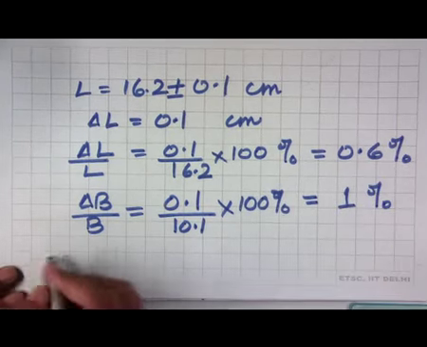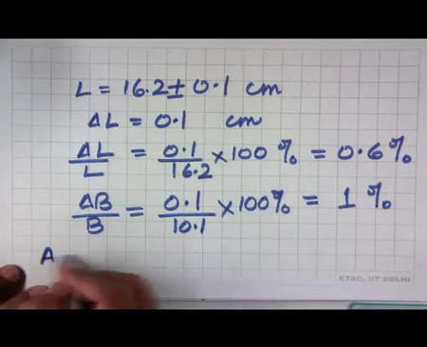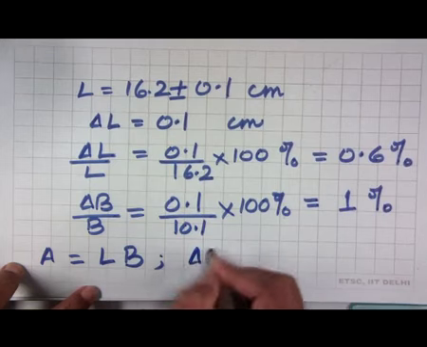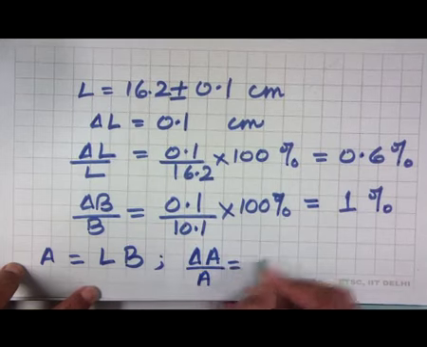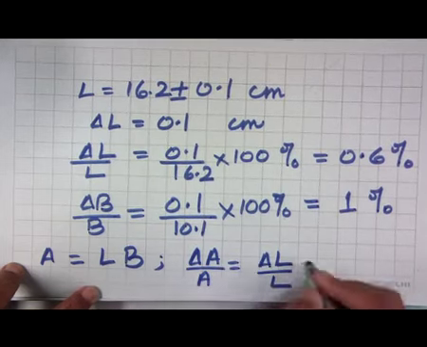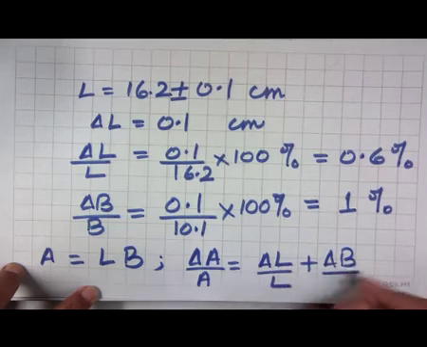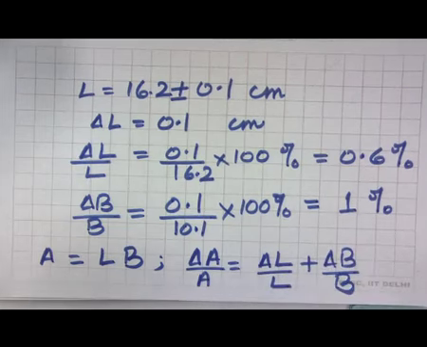Area is equal to L times B, and the error in area, delta A upon A, is equal to delta L upon L plus delta B upon B, and I can also multiply both sides by 100, that will give me the percentage.